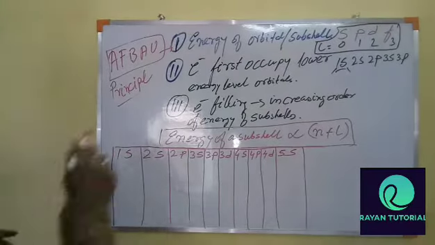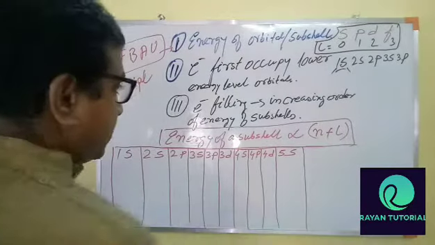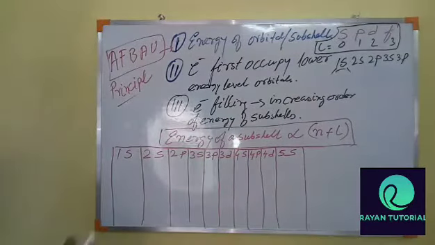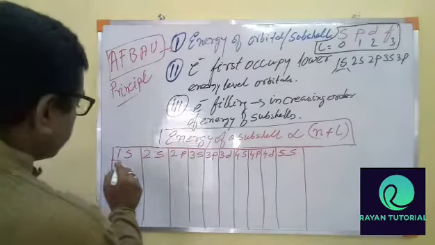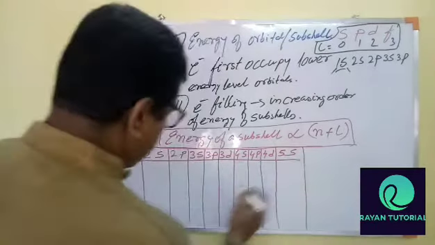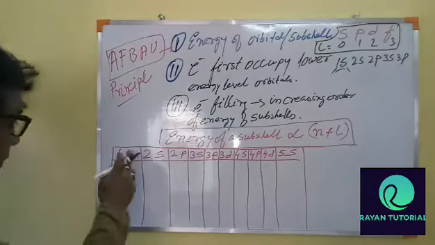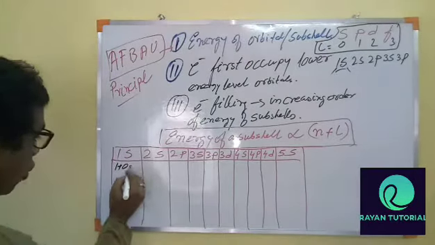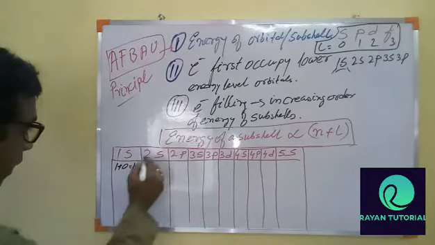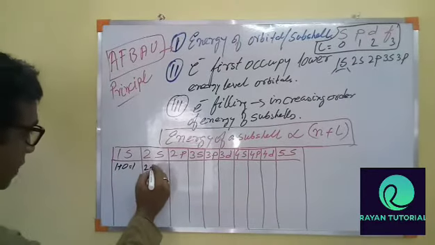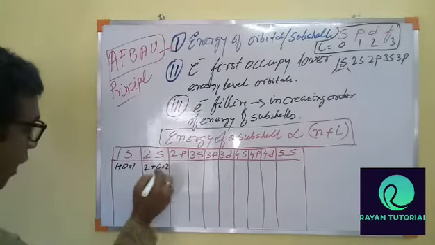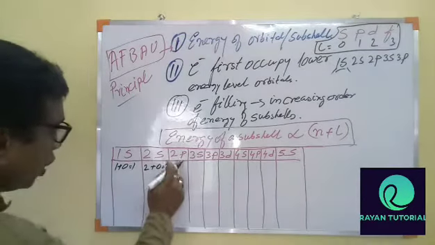Now see here 1s, right? What is the principle? Principle is N plus L. So here N means 1 and S means 0. So N plus L becomes 1. Here N means 2, S is 0. So N plus L becomes 2.